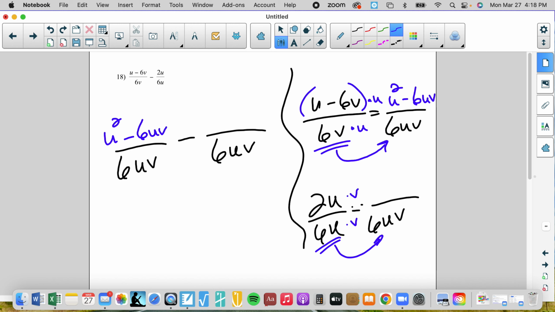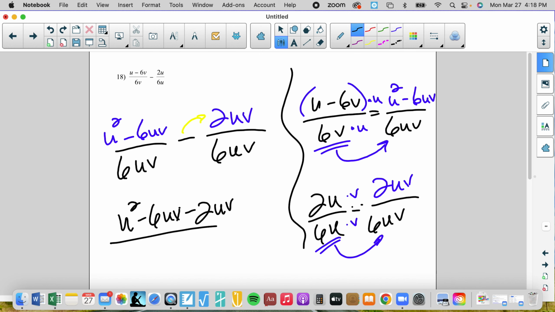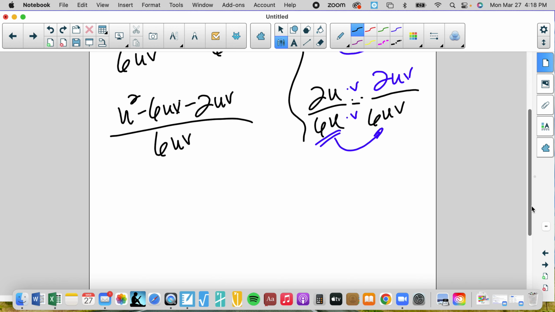So 2u times v is 2uv. Now I'm going to attach that negative. Now that my denominators are the same, I'm going to rewrite it as u squared minus 6uv minus 2uv all over 6uv. Oh yeah. This will be a good little test.